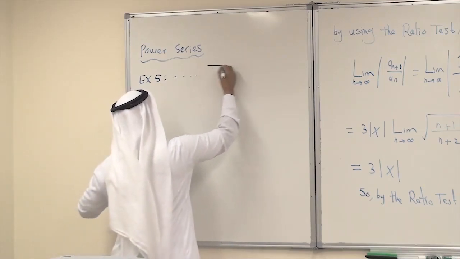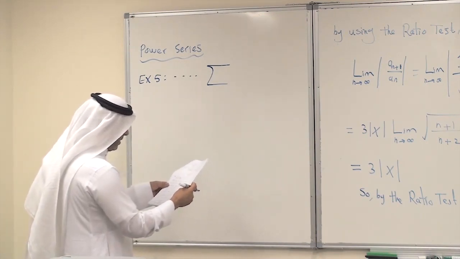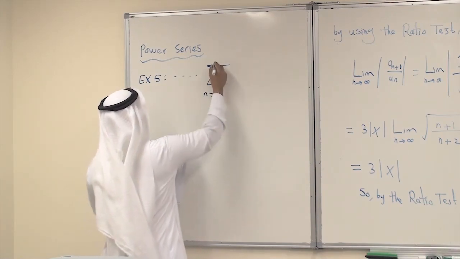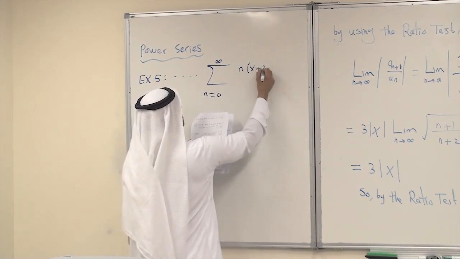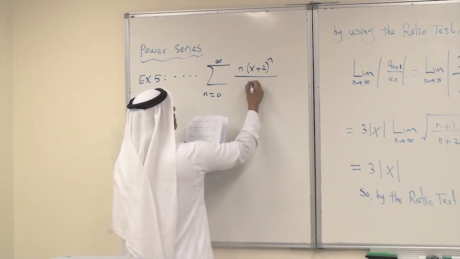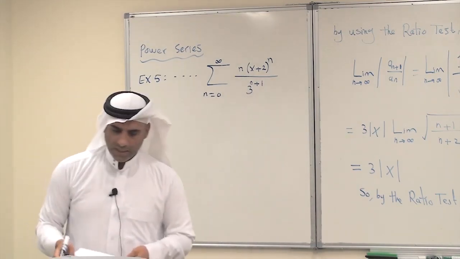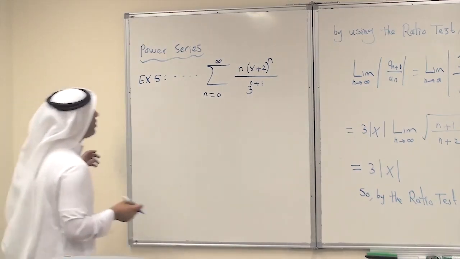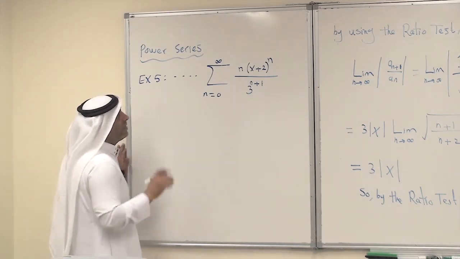Do the same for the series given by the sum from n equal to 0 to infinity of n times x plus 2 to the power n, divided by 3 to the power n plus 1. For which points is the series convergent? So find the interval of convergence and the radius of convergence. That's simply the question.